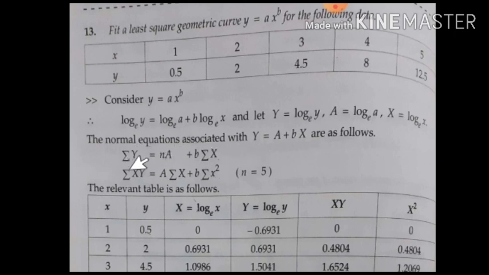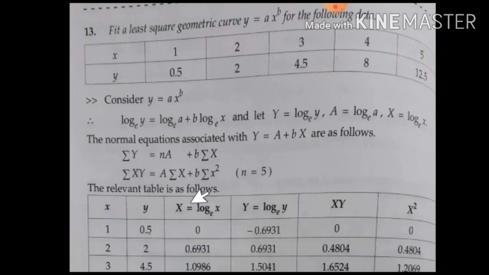Now to obtain this, I don't want small letter summation y. What I want is summation of capital Y. Capital Y is nothing but log y to the base e. So that data I need to find out. And log a is anyhow a constant. Then I need to find out summation of capital X. Capital X is nothing but log x to the base e.